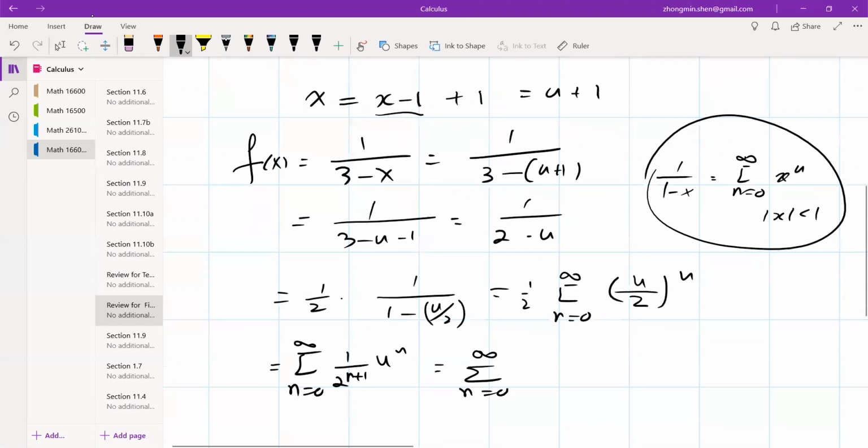Now, if you cannot do this, you're going to lose 10 points, at least, on the finding there. This is an important skill. And it's convergent when the absolute value of half of u is less than 1. So in other words, the absolute value of x minus 1 is less than 2. So the radius of convergence is 2. So you got everything.